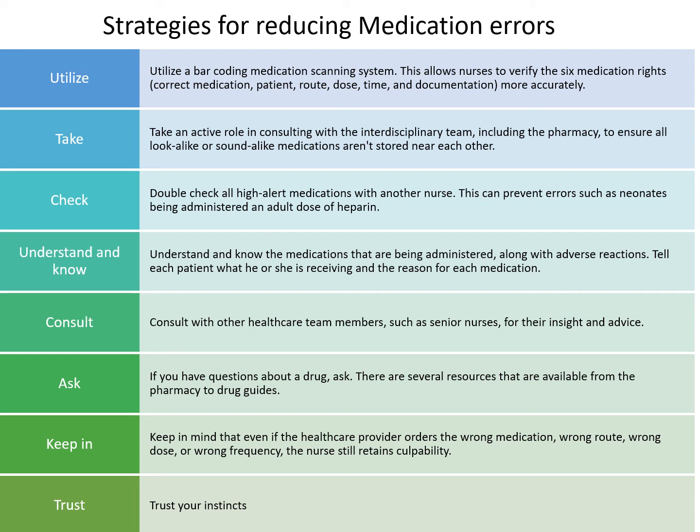So checking it to make sure that it's the correct medication for the correct patient, right? And over time, you definitely come to trust your instincts in terms of medications and who should be getting what. And that comes with a lot of questioning. Why is this person getting this medication? What's the problem that they have? What condition do they have? So that just comes with time.